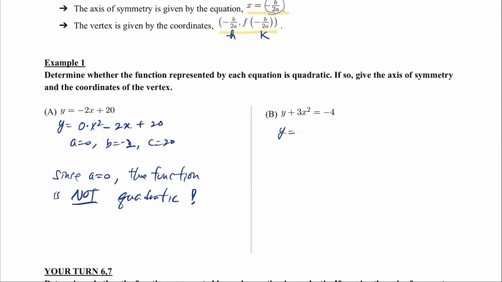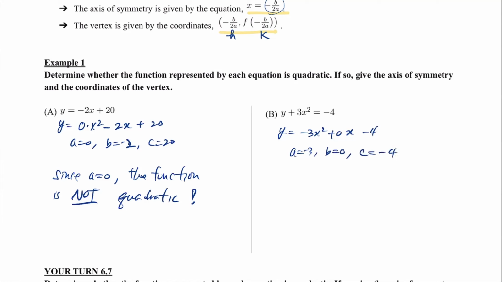y is equal to negative 3x squared minus 4. Have you noticed that there's no b? That means that it is 0x. So that means that a is negative 3, b is 0, and c is negative 4.